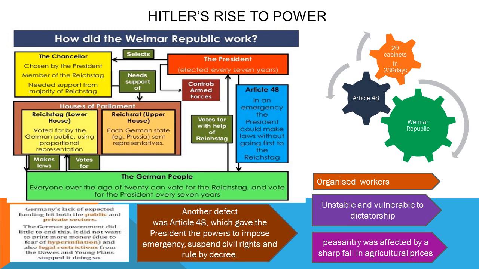Within a short period, the Weimar Republic changed 20 cabinets in 239 days. And the liberal use of Article 48 was yet another crisis to manage.